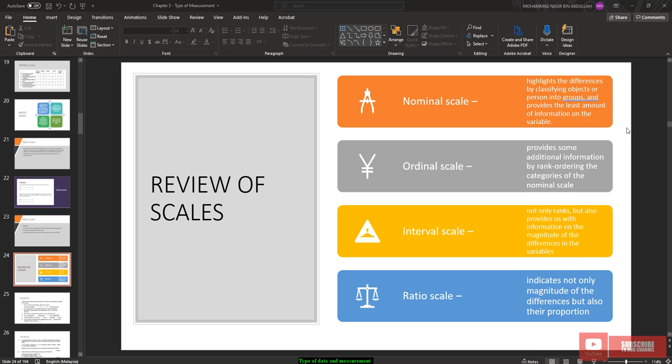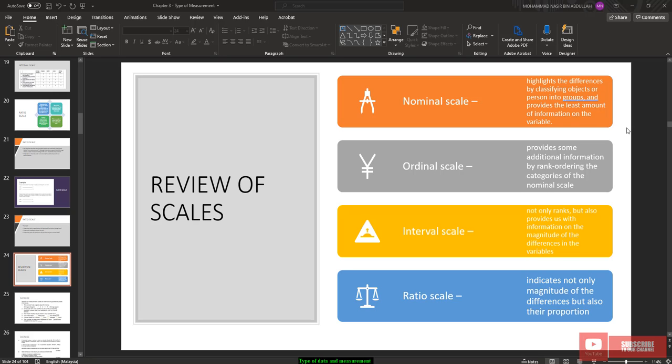So nominal scale highlights the difference by classifying objects or persons into groups and provides the least amount of information on the variables. Whereas ordinal scale provides some additional information by rank ordering the categories of the nominal scale. Right.